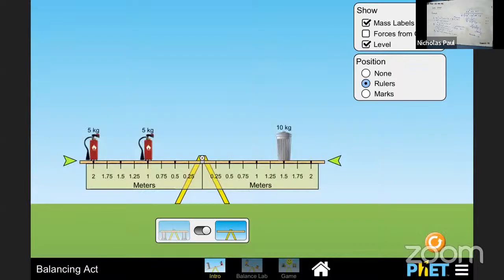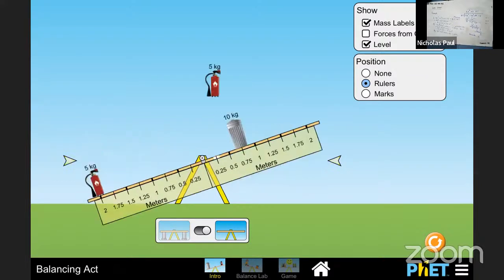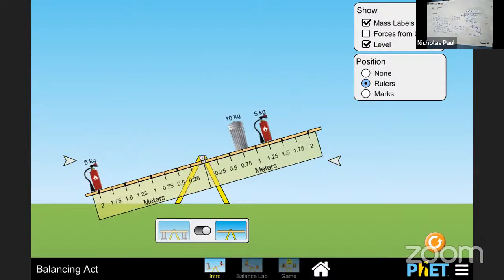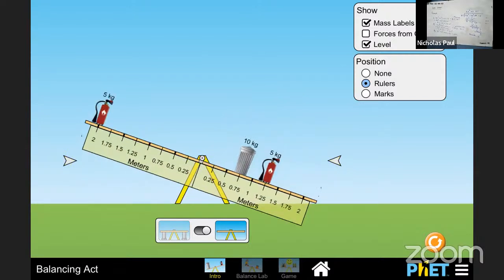Okay, last one. Finish. Last one. Here's what I'm doing, right? Where do I put the 10 kilogram on the right hand side to make it balance off?